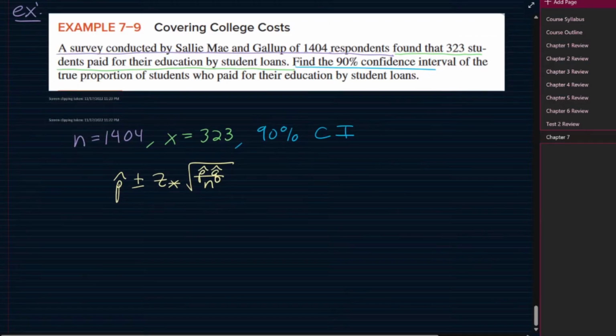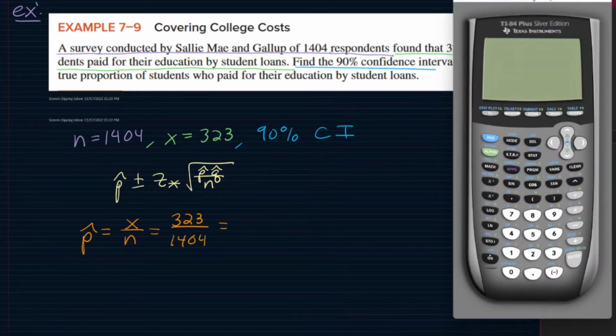Well, p hat, that's x over n, the number of people that say yes over the total number of respondents. That's 323 over 1,404. And we'll round it to 2 decimals or so, maybe 3, I don't know. In the book they just go to 2 decimals, so why not?